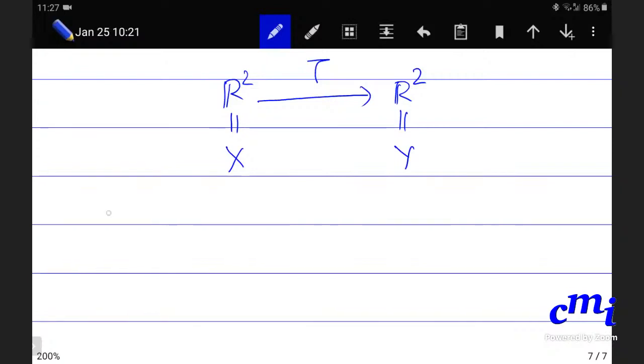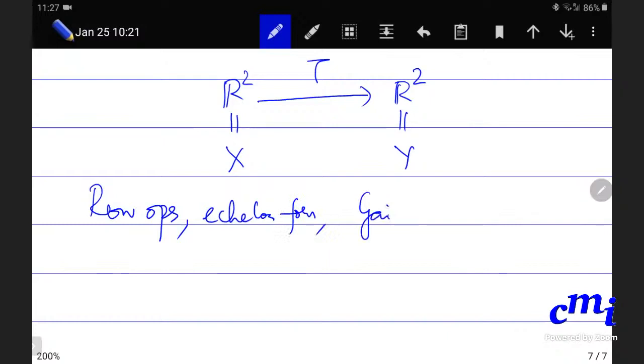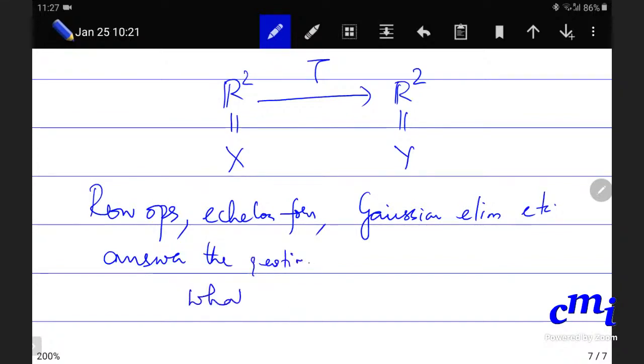So row operations, echelon form, Gaussian elimination, Gauss-Jordan, etc., are techniques we use to answer the following question: what is T inverse of 0?